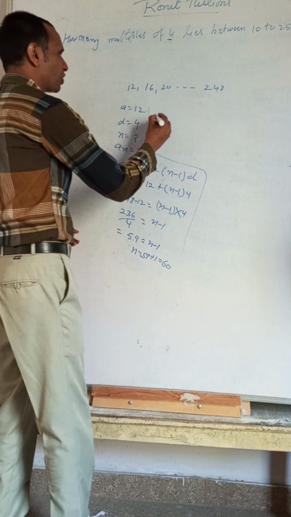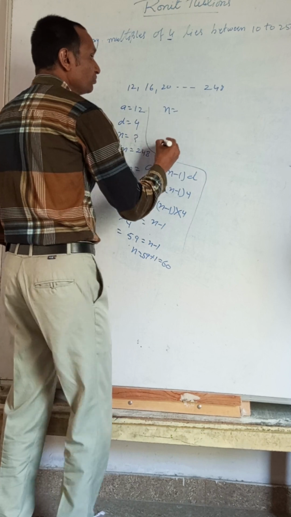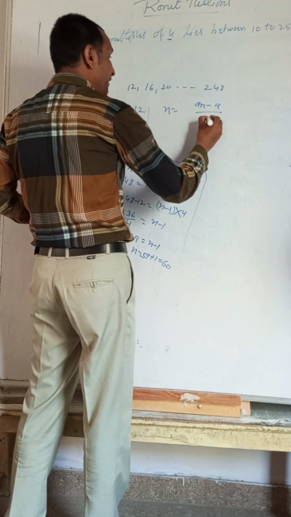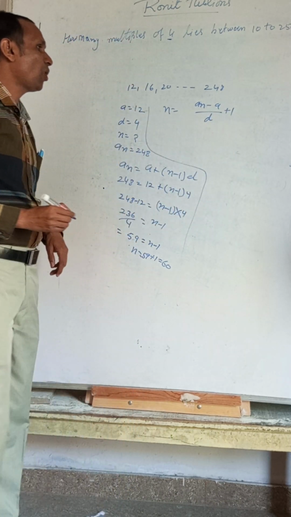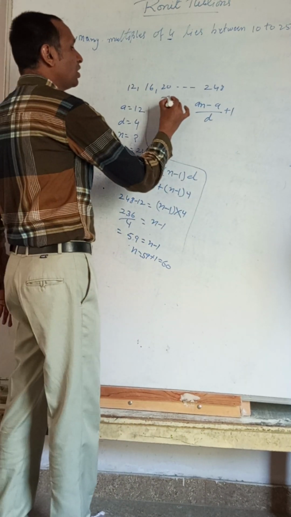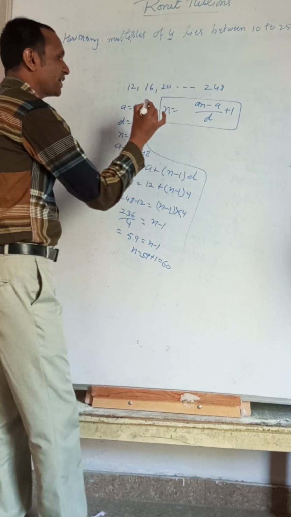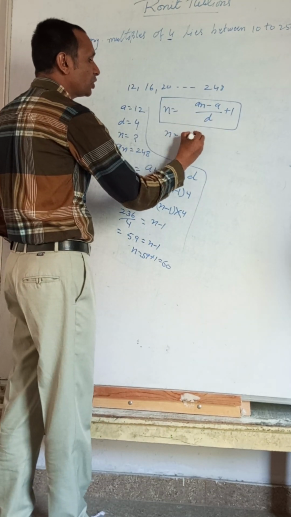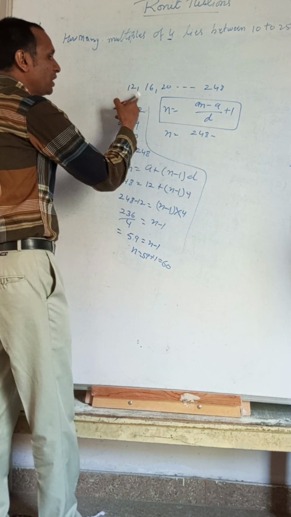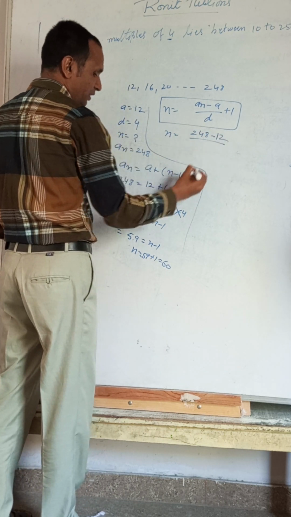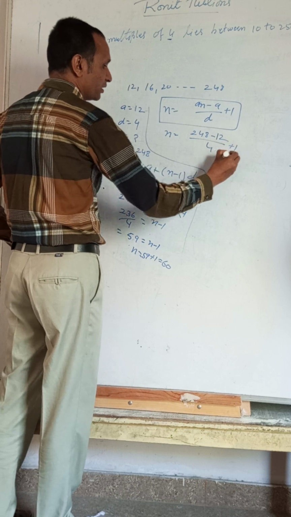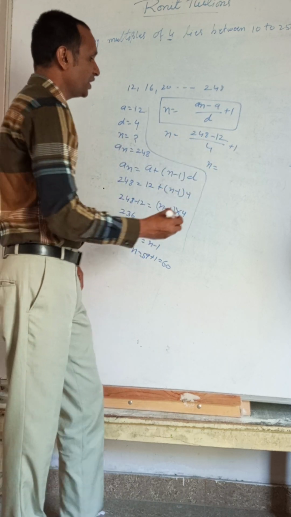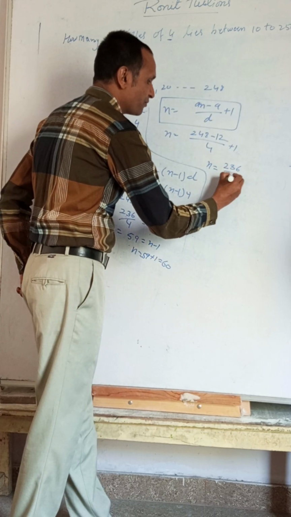Going to another little shortcut. We know n is equal to (an minus a) by d plus 1. This is also another very small formula to find n. So n is equal to 248 minus 12 by d, where d is 4, plus 1. We can write n is equal to 236 by 4 plus 1.